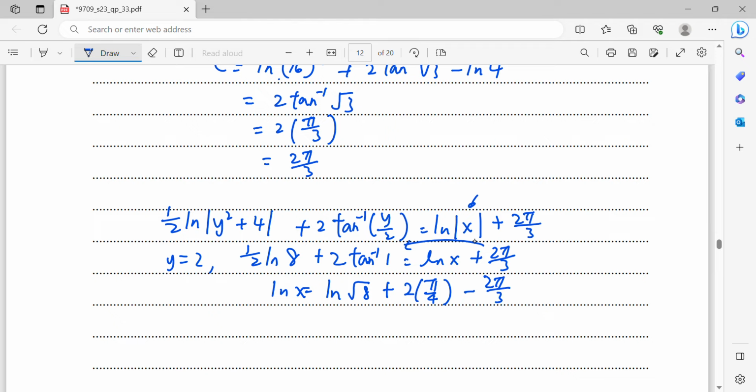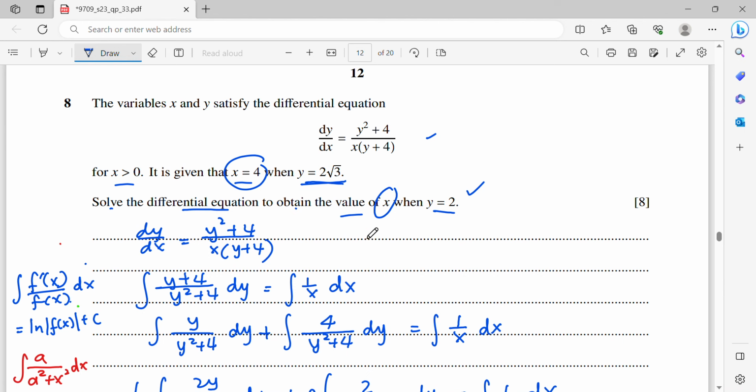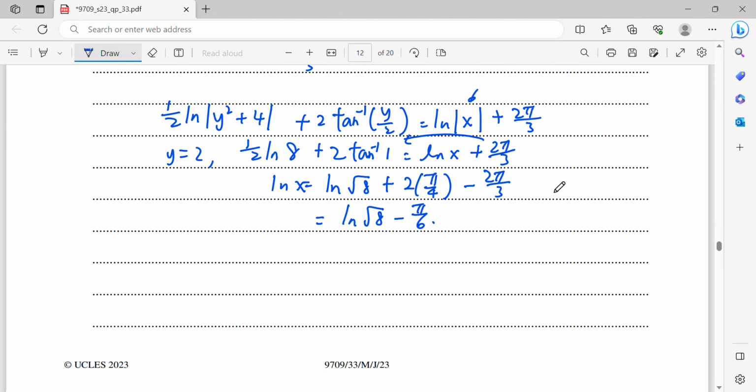Okay, so now my ln x is going to be ln square root 8. So 2 pi over 4 minus 2 pi over 3, you get pi over 6. And by looking at the question, you need to find the x value. Since you have ln here, I can just get the exact value for the x.